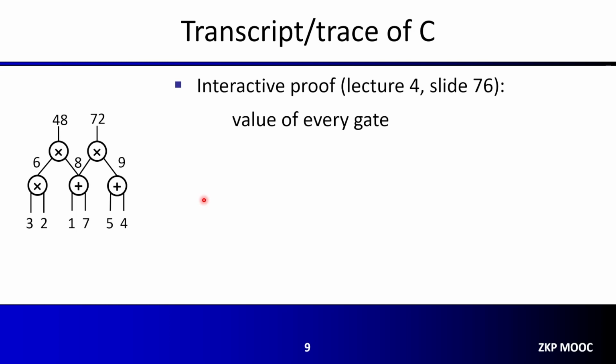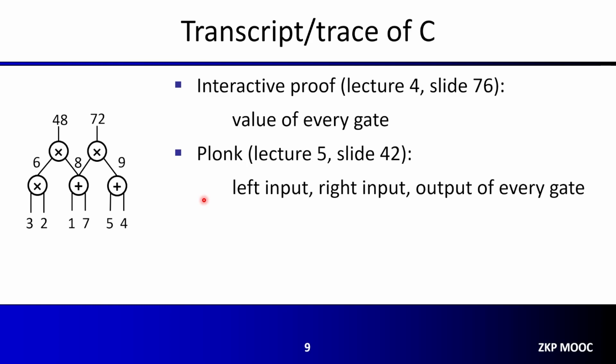And then for interactive proofs, Justin talked about how to construct the sum check and multivariate polynomials representing the addition gates and multiplication gates, and also the transcripts of this computation, and how to use the sum check protocol to check the correctness of this evaluation. Similarly, in lecture 5, when Dan was introducing this Plonk IOP, he also defined a trace of this computation, but it's actually slightly different from the interactive proofs.